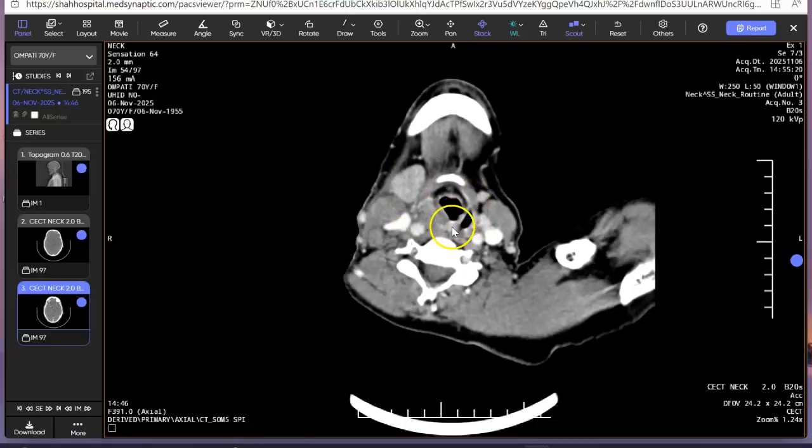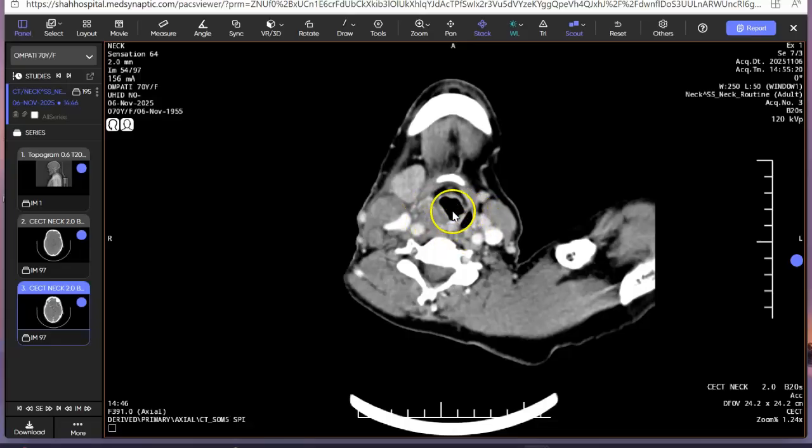So this is the aryepiglottic fold, which is a part of the false vocal cord. And the area lateral and posterior to it is the pyriform sinus, normal. Okay, again, this is the larynx, this the aryepiglottic fold, and this one is the pyriform sinus.